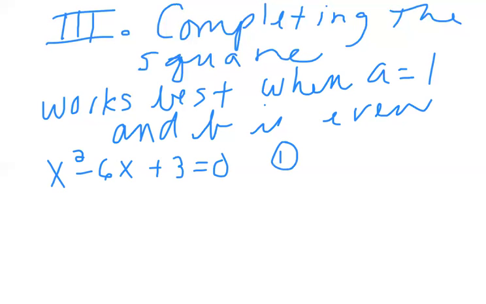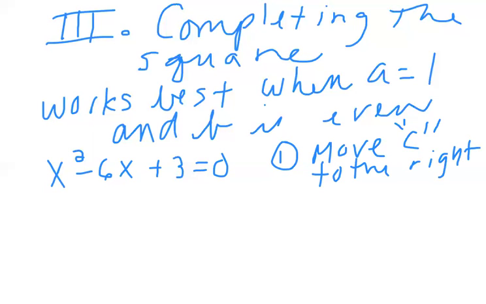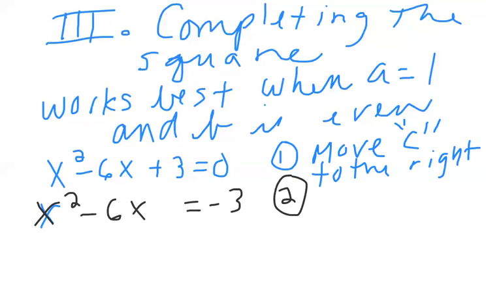Step number 1. You want to move the constant term, the C value, to the right. So in this problem, I would take that +3 and move it over to the right, so it becomes a -3. Now, step number 2. By the way, steps 1 and 2 you can do in reverse order.